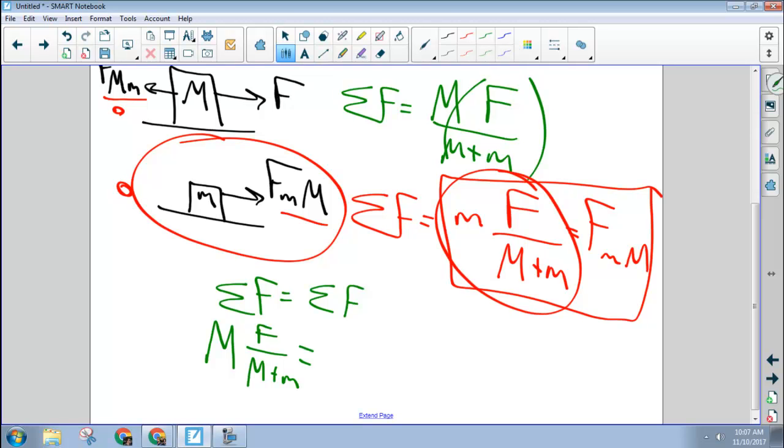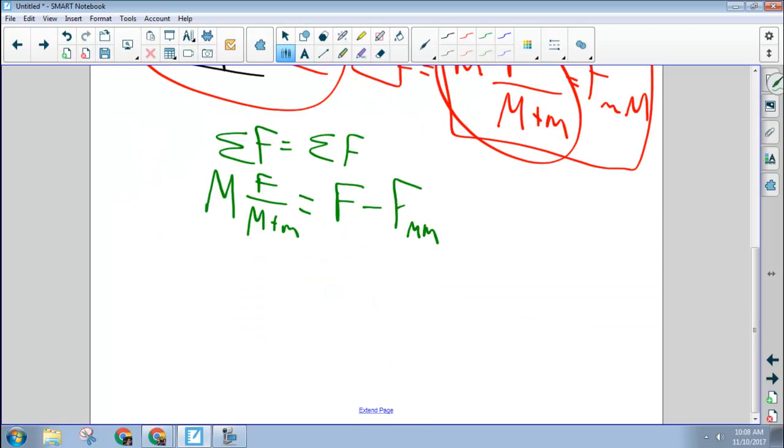Equals F minus F_Mm, right? So to solve this thing, we'd have to do some algebra. So I'm going to add F_Mm and then subtract. So you get F_Mm equals F minus this mess, right?